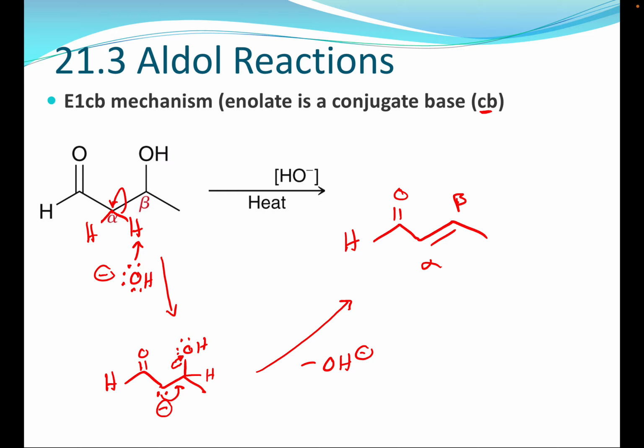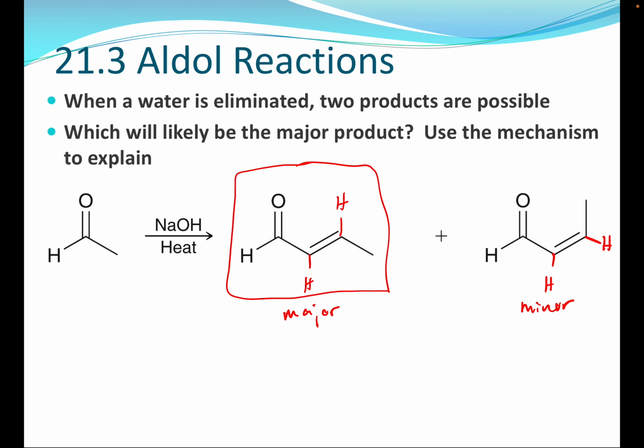In this configuration, that means that the methyl group will automatically be pointing away from the rest of the carbonyl structure. So mechanistically, having the trans or the E product, that would be favored.